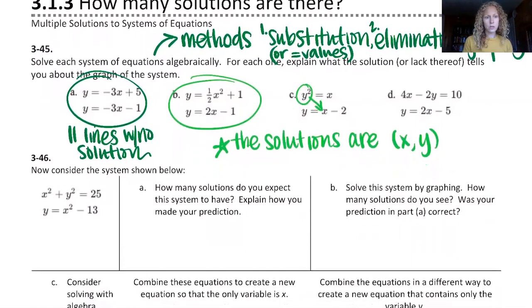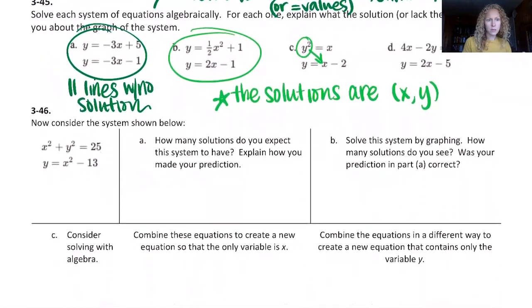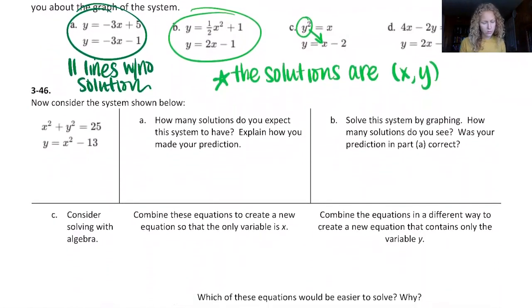So we're going to consider this system. The top equation right here is a circle, and the bottom one right there is a parabola. So if we're thinking about this, how many times do we expect them to cross? Well, we have 4 options, right?